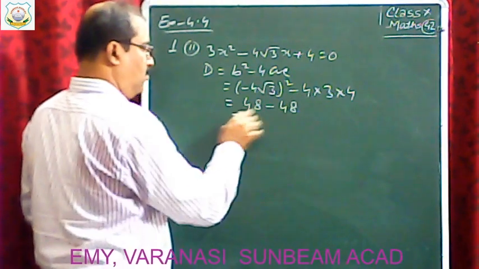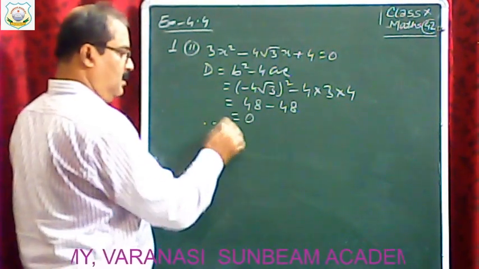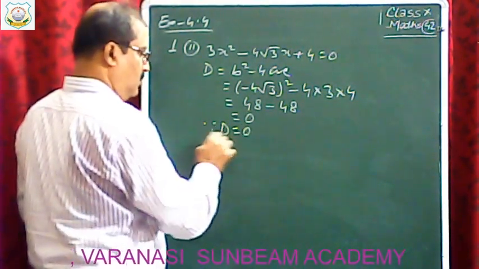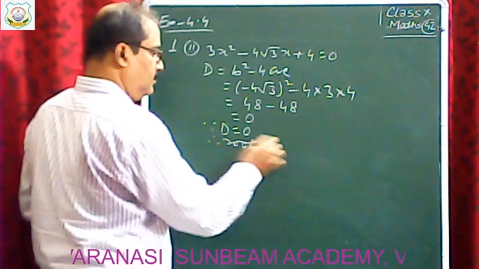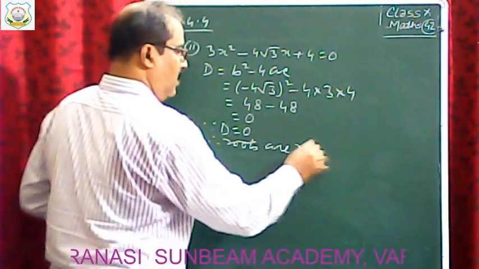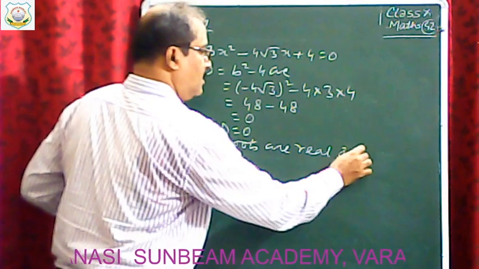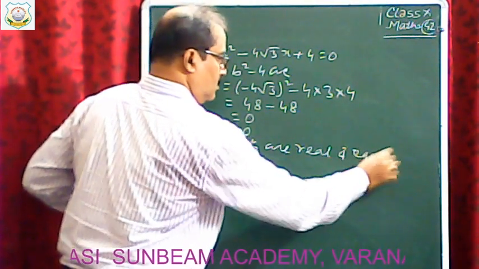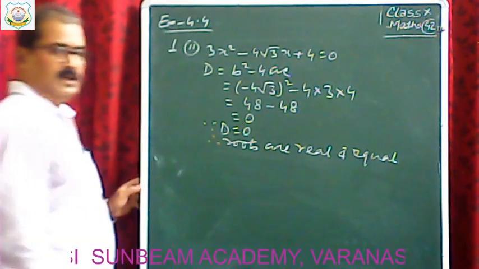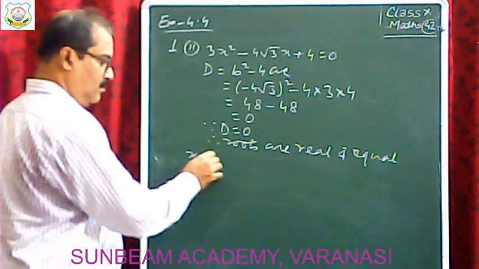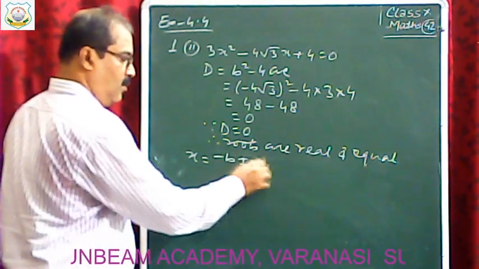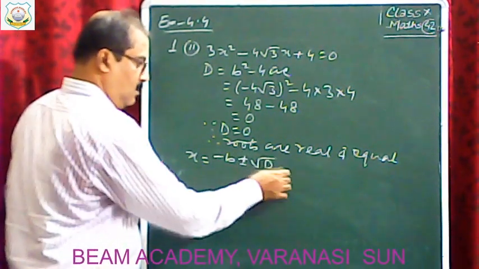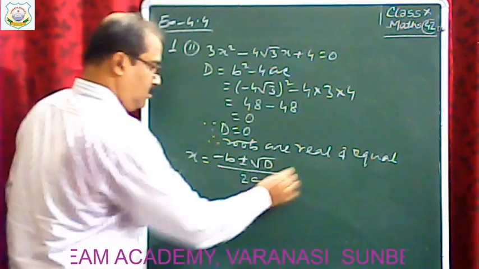We get what? 0. So since D equal to 0, therefore roots are what? Real and equal. So roots are real and equal. Then by quadratic formula, find the roots.